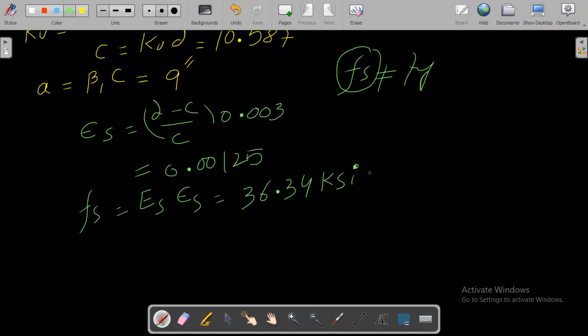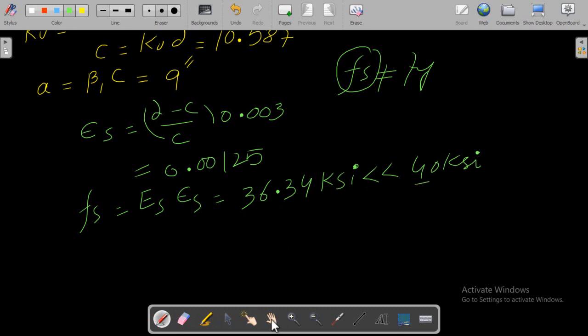You see this is well below the 60 KSI, which is the yield stress of the steel. Sorry, this is not 60 KSI steel, this is 40 KSI steel. So this is below that specified value, right?